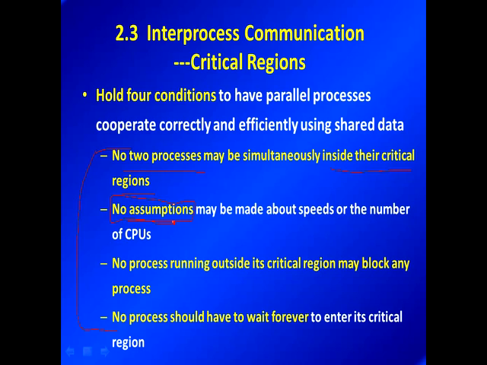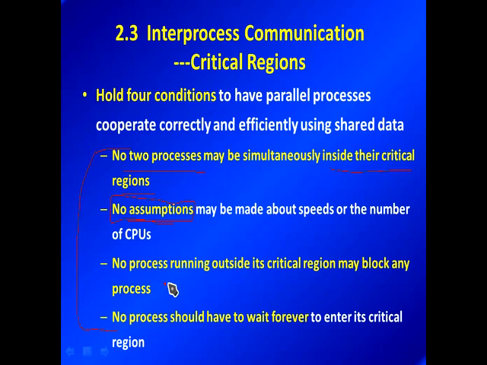So it doesn't need to worry about getting interrupted by another process, and that process getting into its own critical region, so that more than one process is in the critical regions. You can't assume that the speed to execute the instructions is so fast that there is no chance for the other processes to interrupt the process which is already in the critical region. So this is about the second condition.